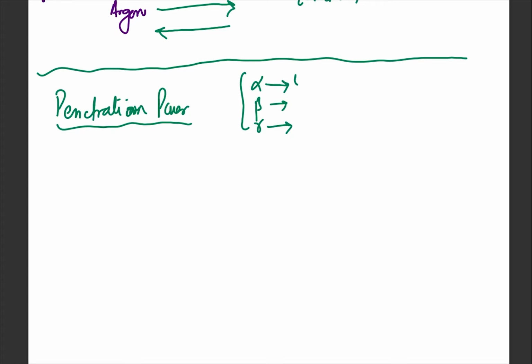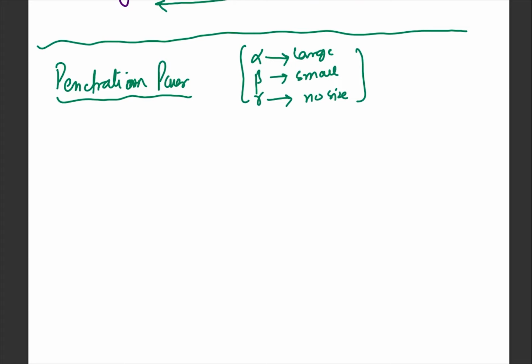So alpha is large in size, beta is small in size, and gamma has no size. So if the alpha particle is very large in size, the possibility that it's going to collide with any matter and then immediately stop is very high, because the size is so big that it's difficult for it to pass through any matter.